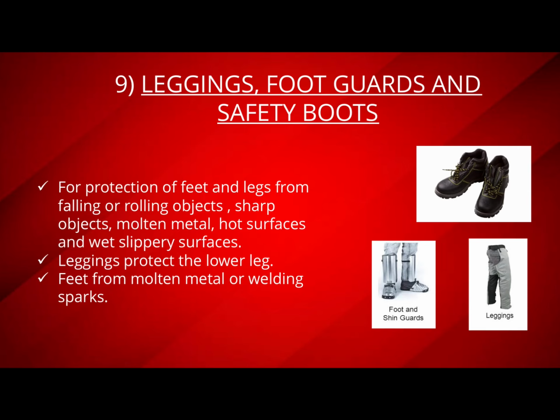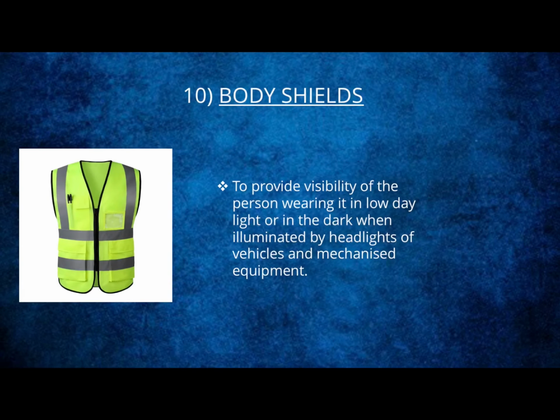Safety boots protect feet from molten metal or welding sparks. And the last is number 10, body shields. Body shields provide visibility of the person wearing it in low daylight or in the dark when illuminated by headlights of vehicles and mechanized equipment.